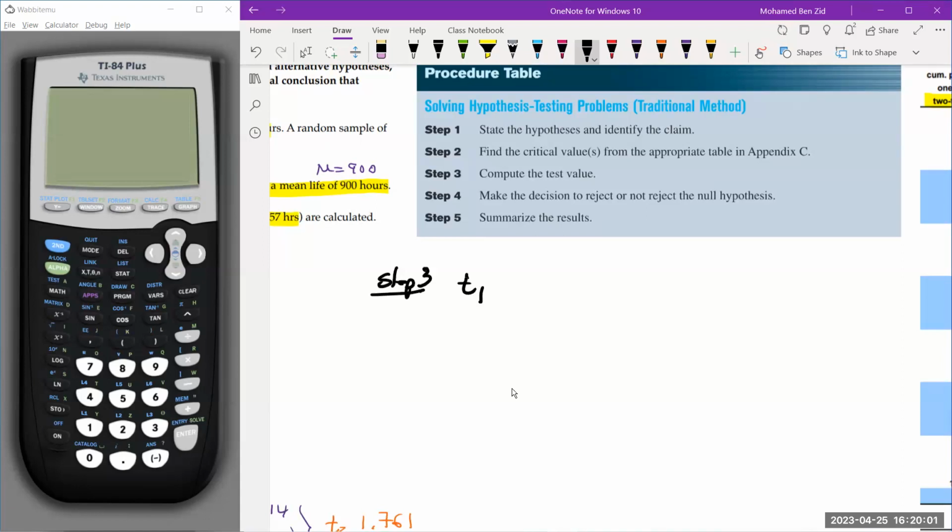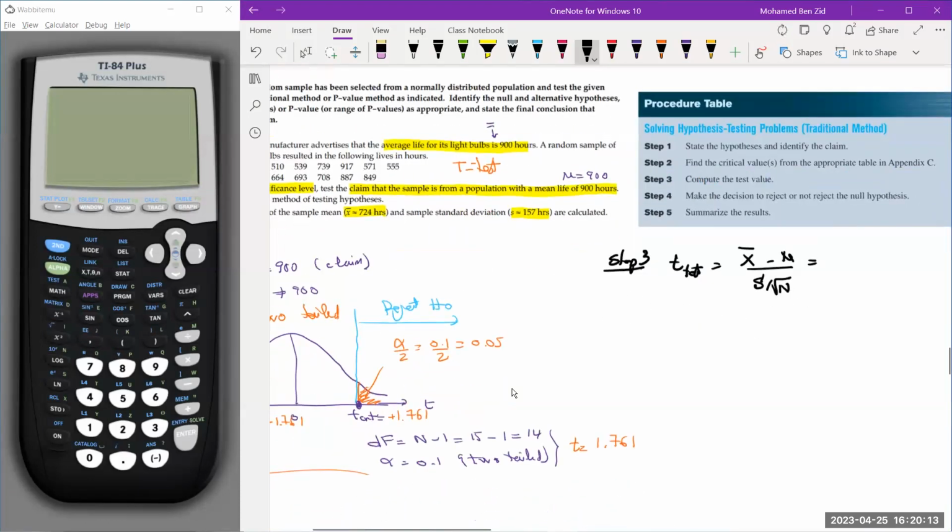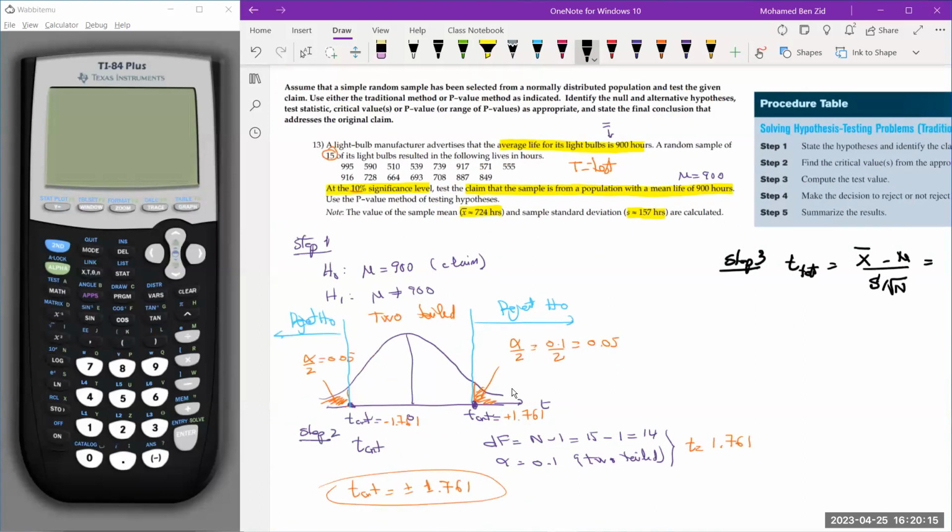So the t-test is going to equal x bar minus the mean, divided by s divided by radical n. Now, although they gave you here in the note the x bar and the s, usually they do it as well on the exams, just in case you get stuck. But you can do it on the calculator.